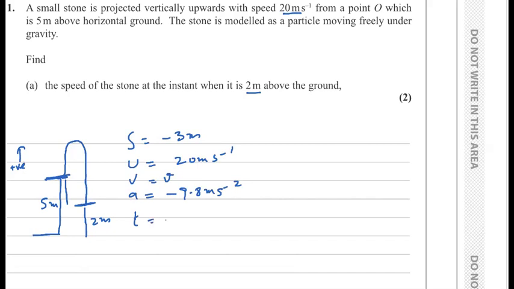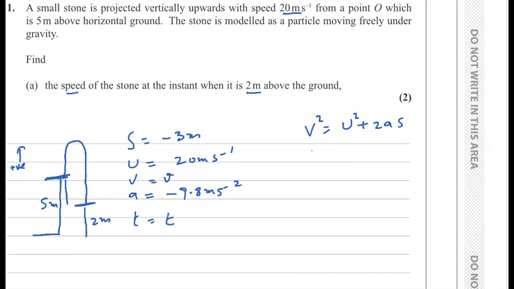And time, we don't know the time, so let's say it is t. We need to find the speed, so I can use the equation which doesn't involve time. That will be v squared is equal to u squared plus 2as.